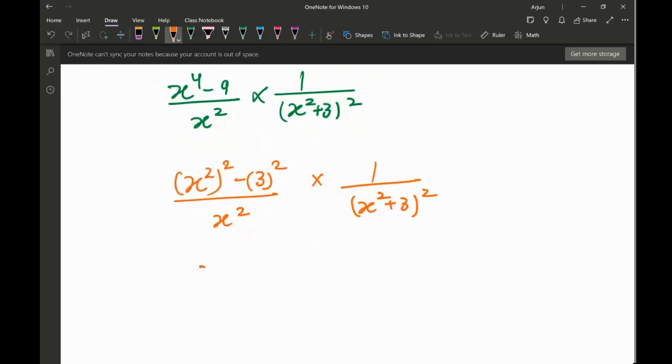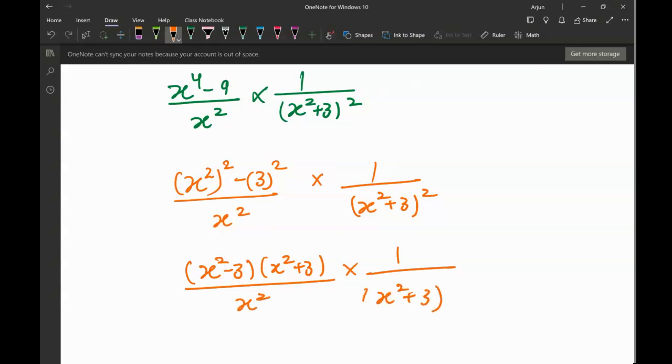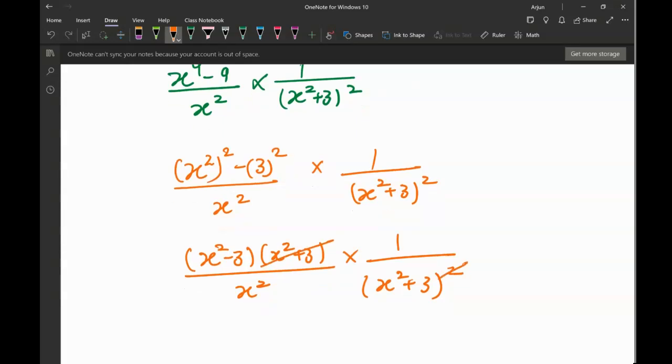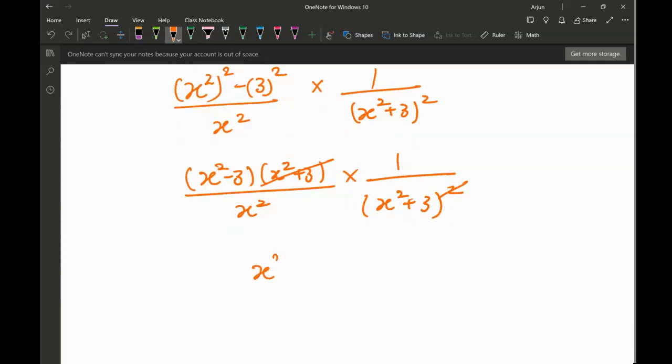So from here, x square minus 3 times x square plus 3, divided by x square, multiplied by 1 upon x square plus 3 whole square, and one of those terms I can cancel, and the leftover will be x square minus 3 and x square plus 3.